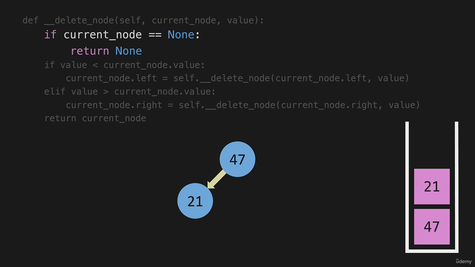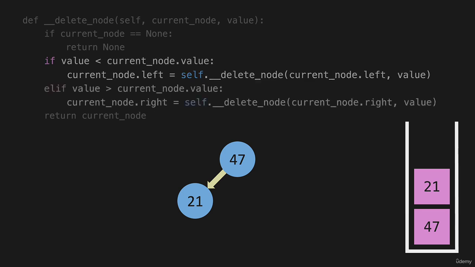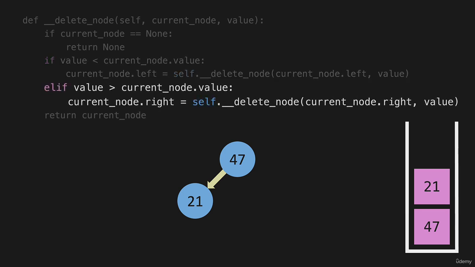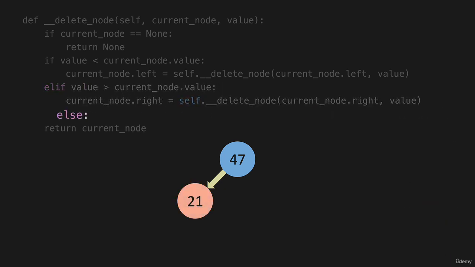But because the value that we're trying to delete is equal to current node.value, it is not less than, and it is not greater than. So we have to have an additional option here, and we'll say else. And most of the code in this method will exist within this else statement. There are 4 different situations within this else statement that we have to code for.